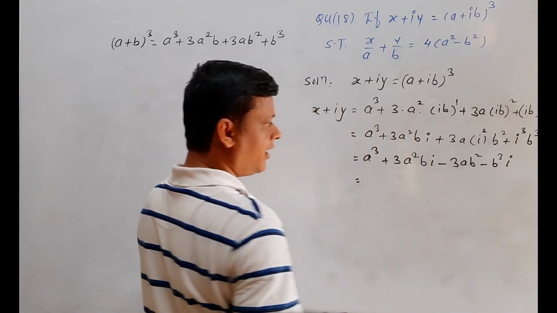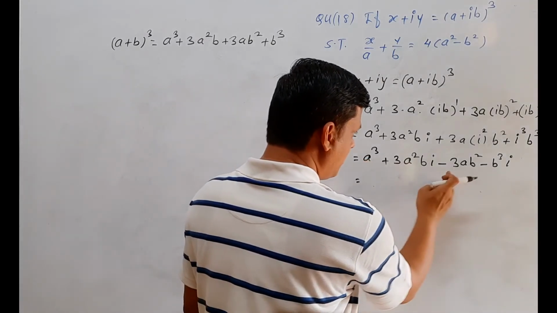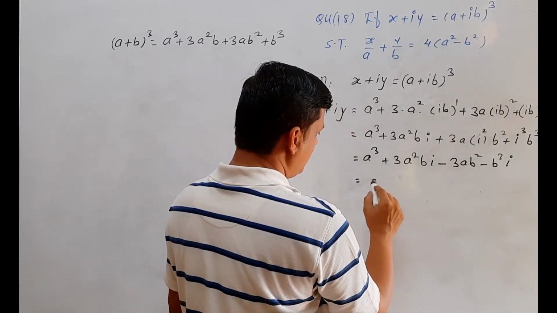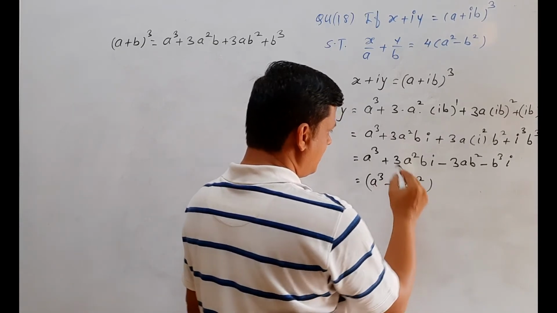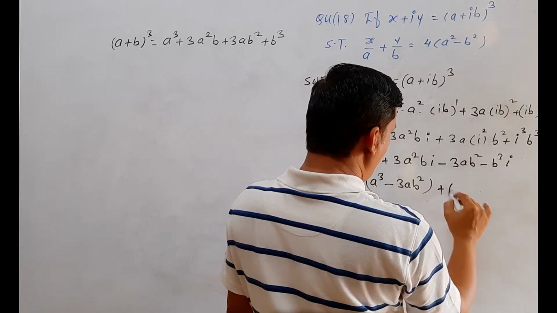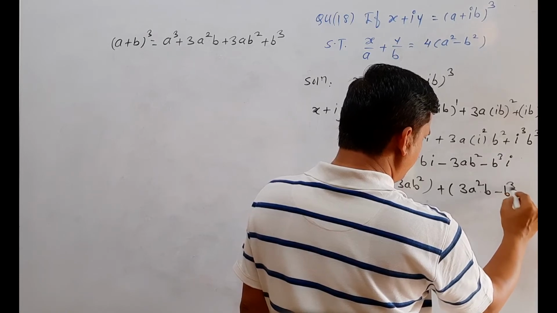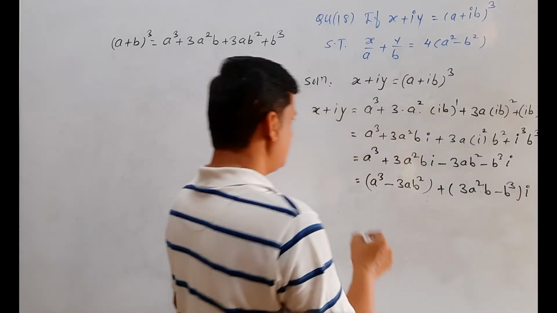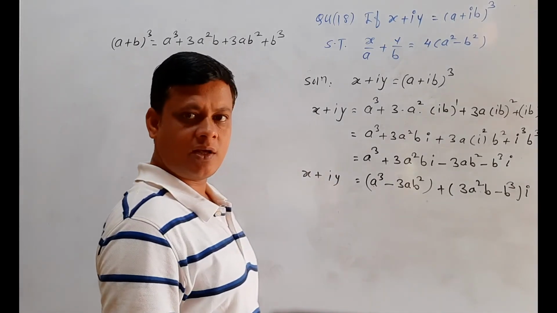Now take the real and imaginary parts separately. So a cubed minus 3a b squared is the real part, so we write that in one bracket, plus here is i, so take i common, so we write (3a squared b minus b cubed) into i. So we equate the real part with the real part, and the imaginary part with the imaginary part.